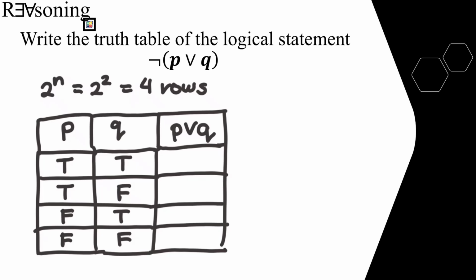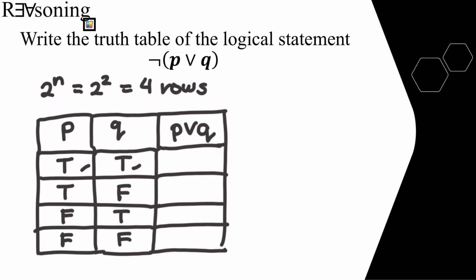Now, for disjunction, the resulting truth value depends on the concept that there should be at least one of the two propositions true. If we have at least one, the resulting disjunction is automatically true. For our first row, we have true and true for our p and q propositions.